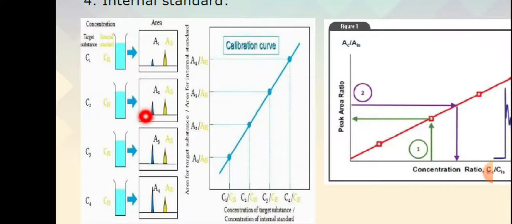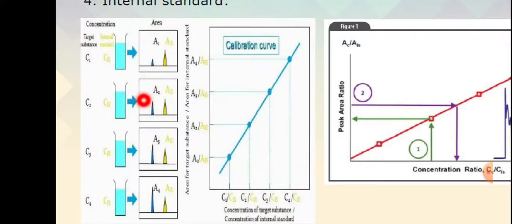We know the concentrations, and we have taken them in increasing order. A1 is the peak corresponding to your standard. Along with this standard, we have added a constant and known amount of internal standard. So let's say C1, or dilution 1, is 10 microgram, then C2 is 20, this is 30 and 40.